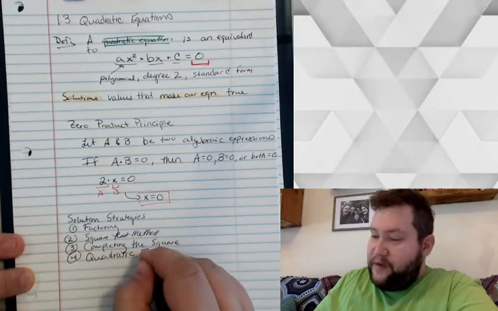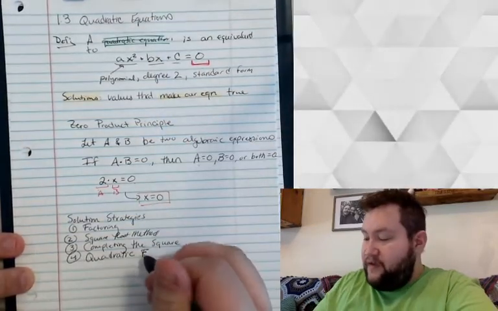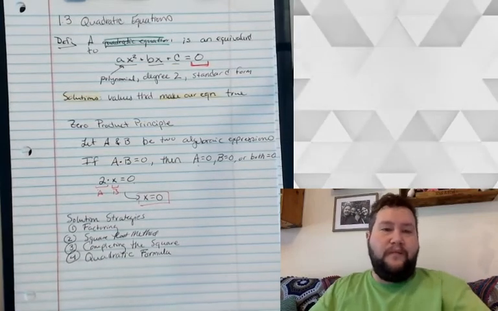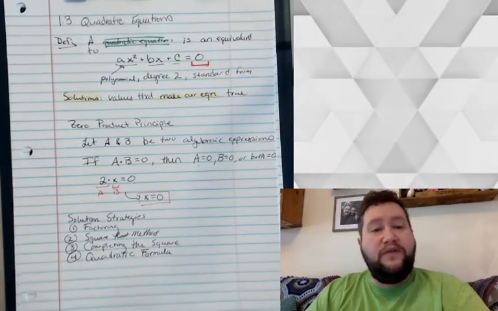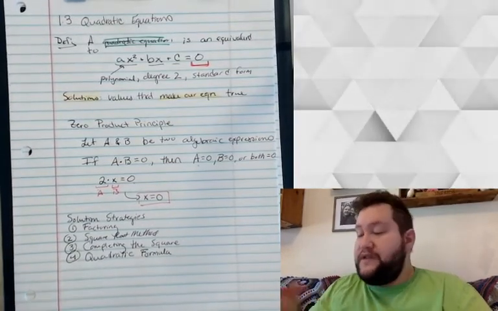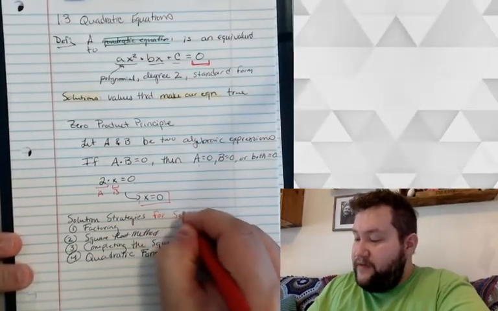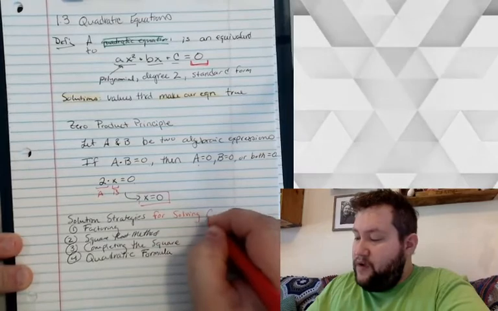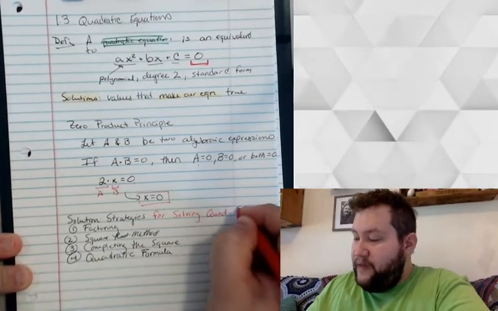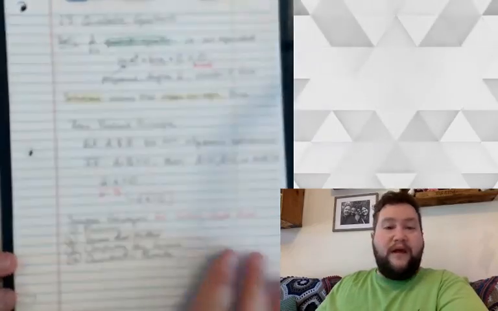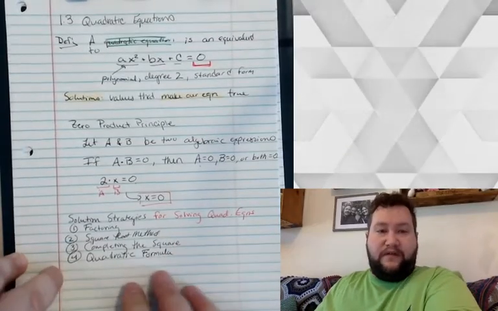Not the quadratic equation, we're talking about quadratic equations. We're going to look at these four solution strategies for solving quadratic equations. Now we'll move on to the first, factoring.